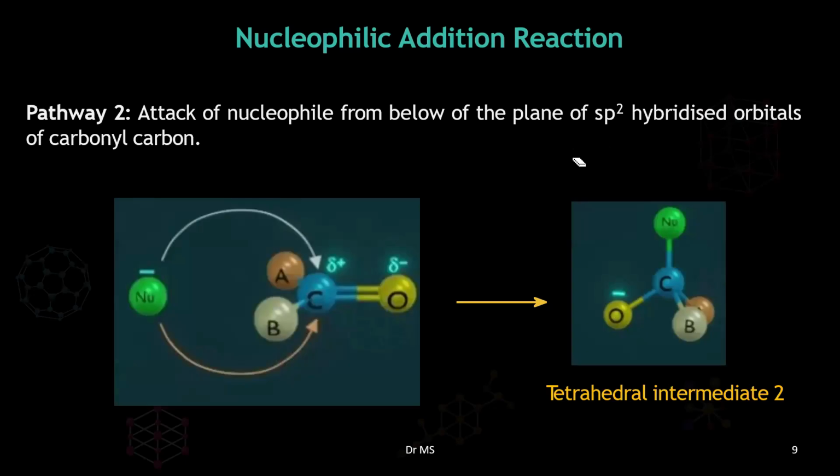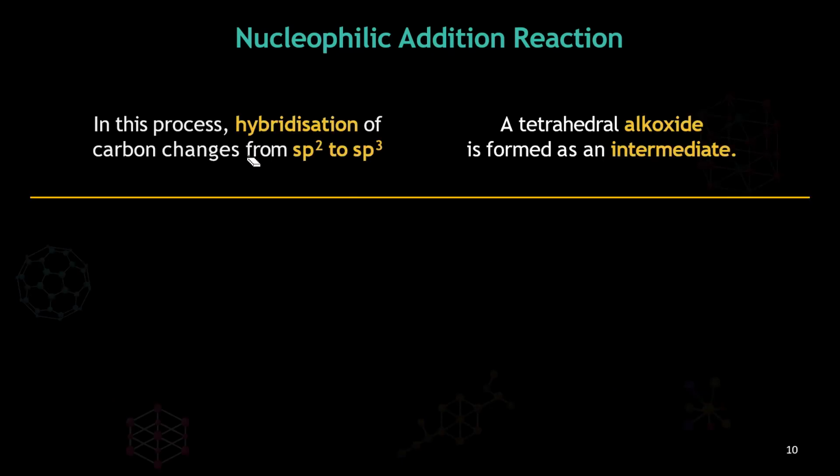So we'll get two different kinds of compounds if the attack happens from above the plane or below the plane. And finally, whatever sp2 is there will convert into sp3. A tetrahedral alkoxide intermediate will be formed, whether the nucleophile is above the plane or below the plane.